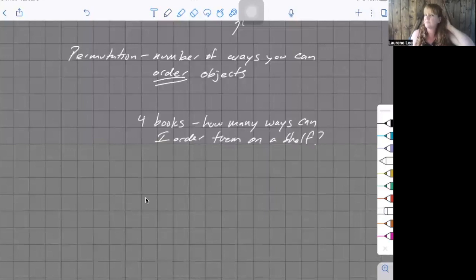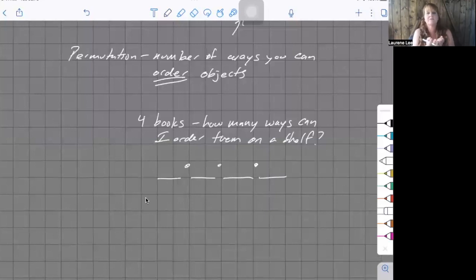Okay, so let's apply our counting principle. If you recall, we have several events and we're going to multiply them all together. Since I have 4 books, that means that I've got 4 events. And I'm going to multiply all of my options together.